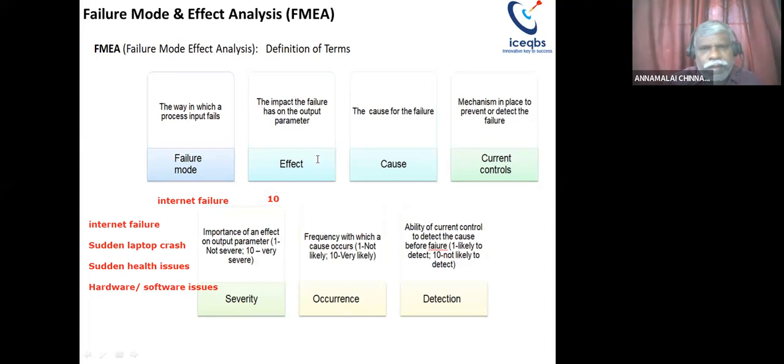Then once I have given the severity rating, I'll have to analyze what are the possible causes which are resulting in this internet failure. One of the major possible reasons is the service provider issue. Currently I am connected to my internet by Airtel broadband.